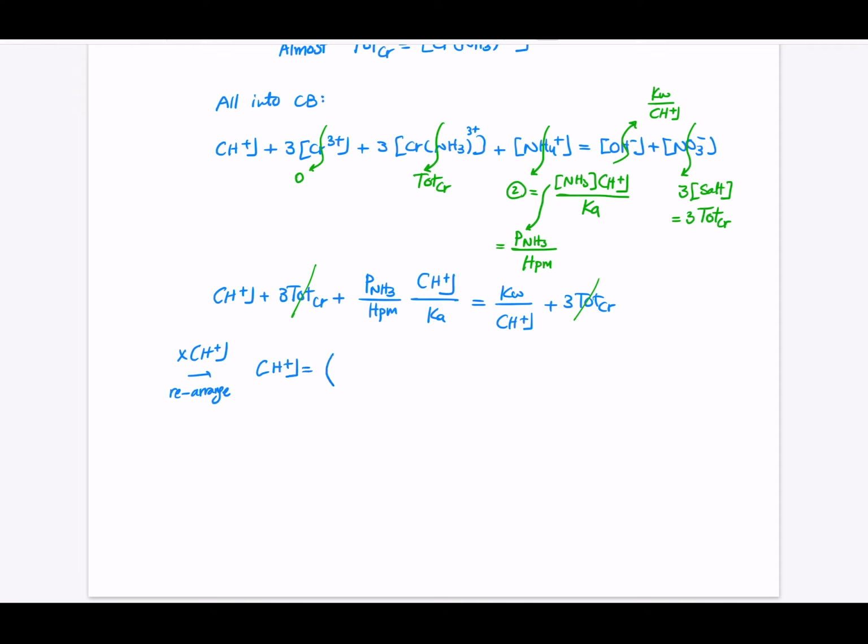H plus would be Kw over 1 plus PaNH3 HPm 1 over Ka, just to the power of half. And we have literally every single parameter here. 3.1 10 to the minus 13.